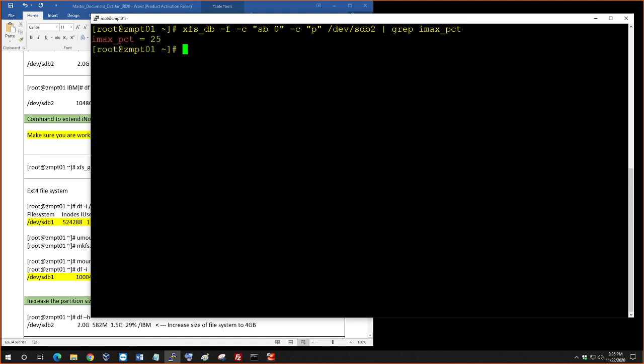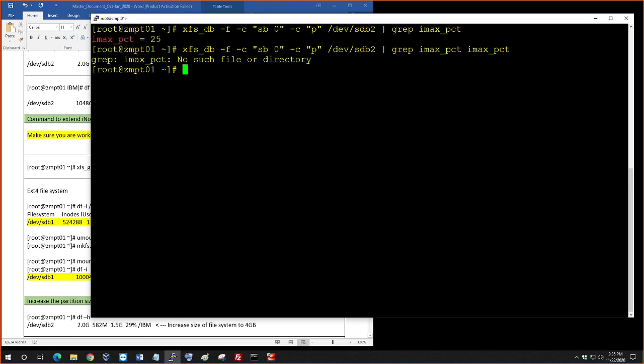Okay, so this one comes up to the maximum percentage is at 25, and the next command is showing Red Hat imax_pct = 30.